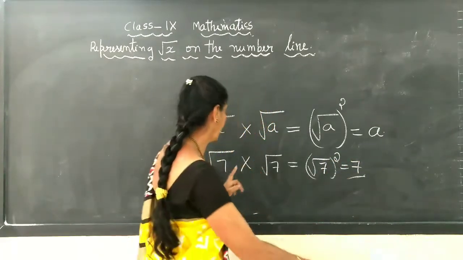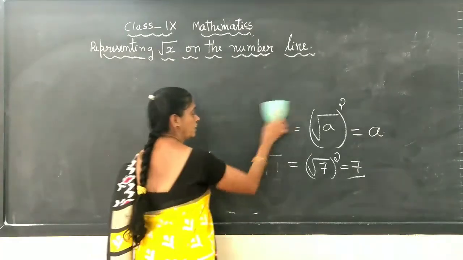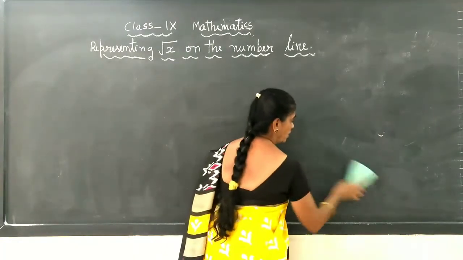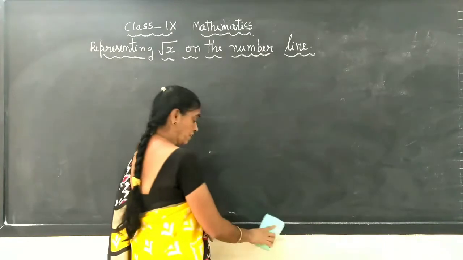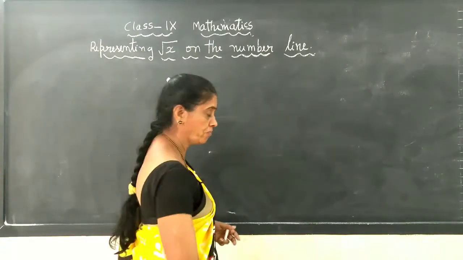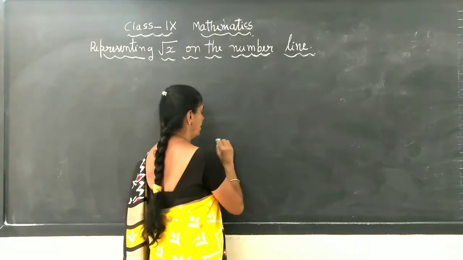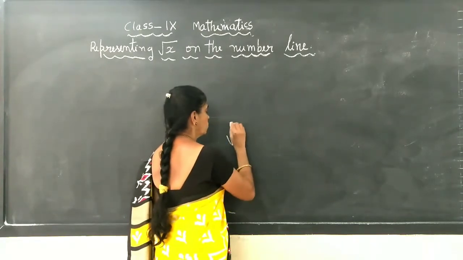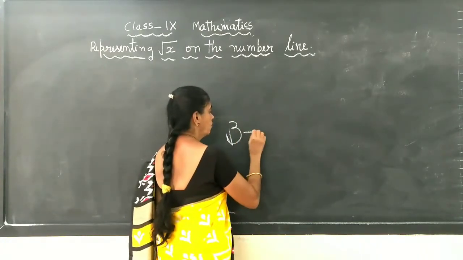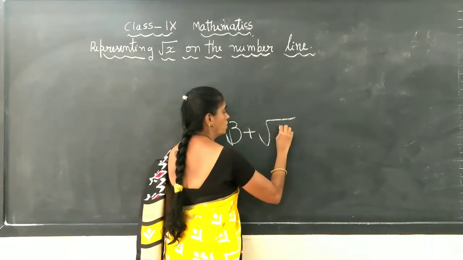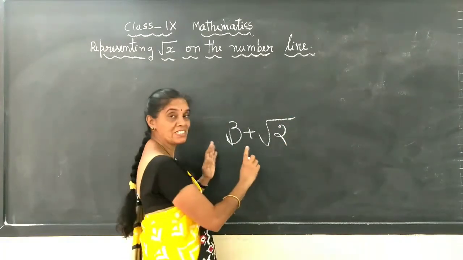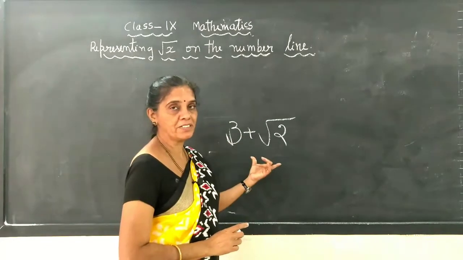This we have studied, and we also studied if it is 2 numbers together in the form of a binomial. Binomial means 2 numbers together, the irrational number, say it may be 3 plus square root 2, if the number is like this in the denominator.